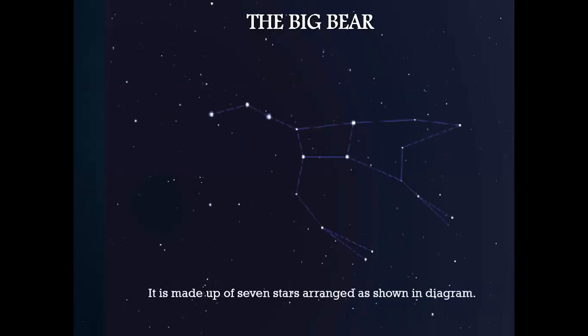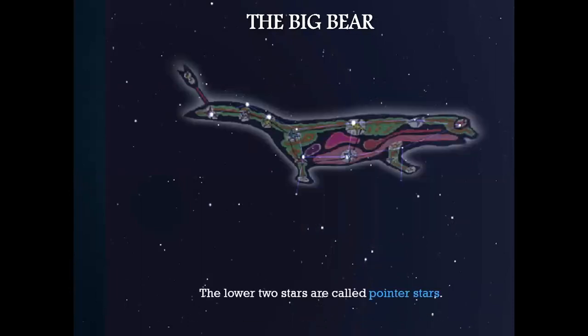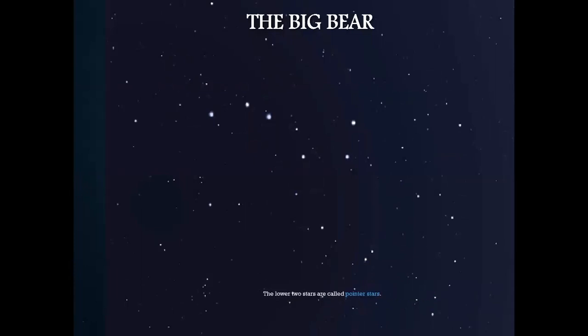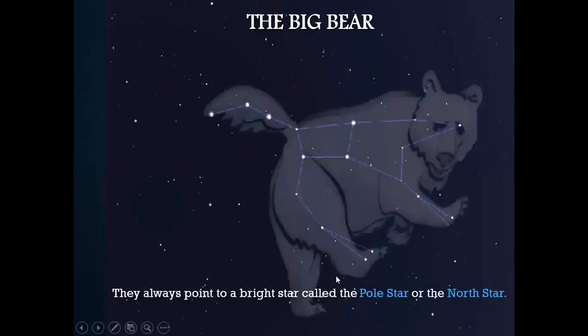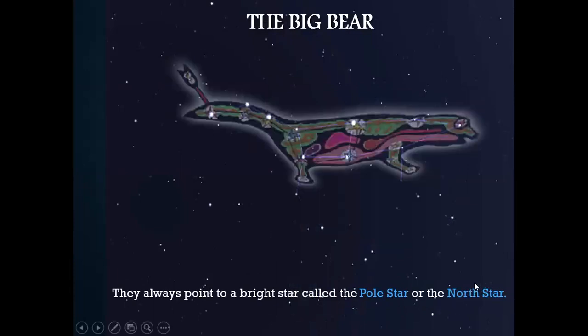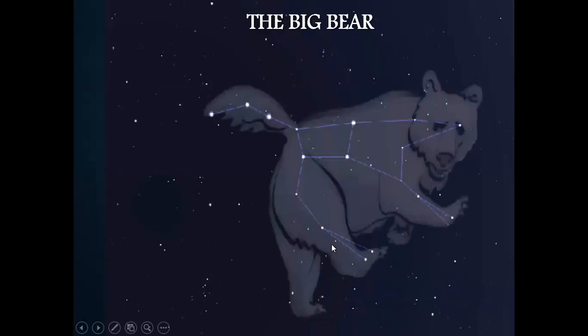The lower stars are called pointer stars. They always point to a bright star called the pole star or the north star. Students, the north star is always in the northern part of the sky.